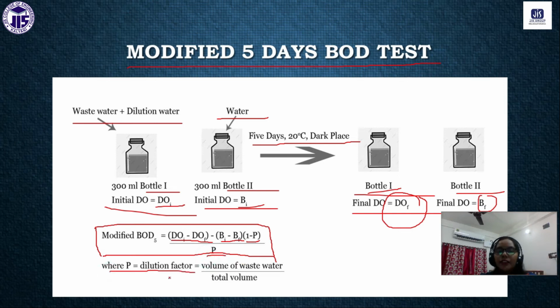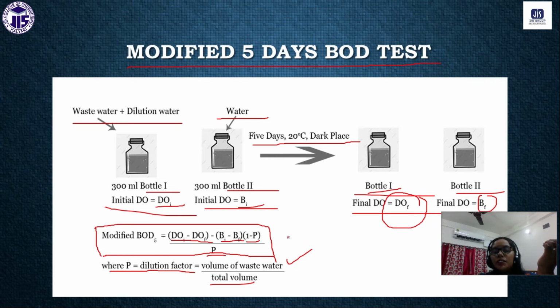As we have diluted our wastewater sample here also, this dilution factor will be incorporated here, and it equals the volume of wastewater divided by total volume. Understand? So this is the value of P.